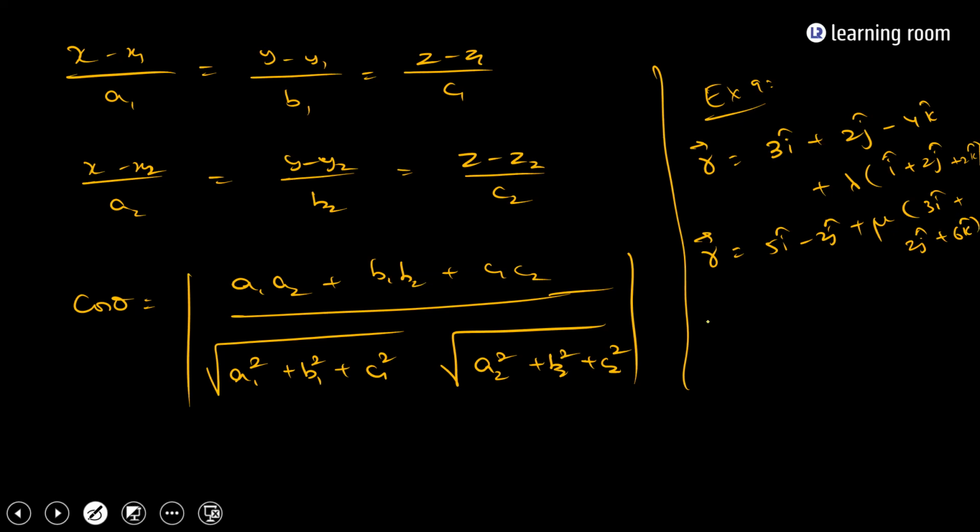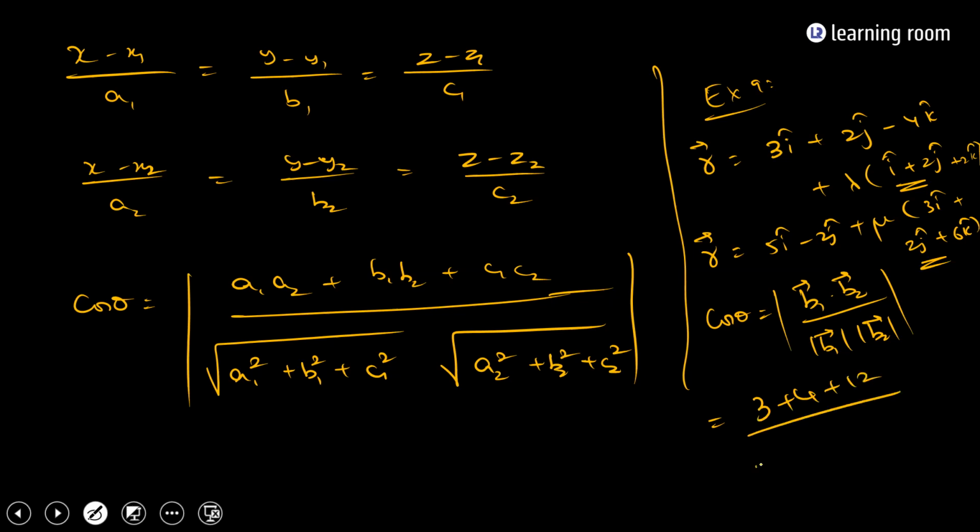So how do I do that? Cos theta will be equal to B1 vector dot B2 vector by magnitude of B1 vector into magnitude of B2 vector. This is B1 vector, this is B2 vector. So what is B1 dot B2? I'm going to get 3 plus 4 plus 12, the whole divided by square root of B1 square, which is 1 plus 4 plus 4, into root of B2 square, which will be 9 plus 4 plus 36.